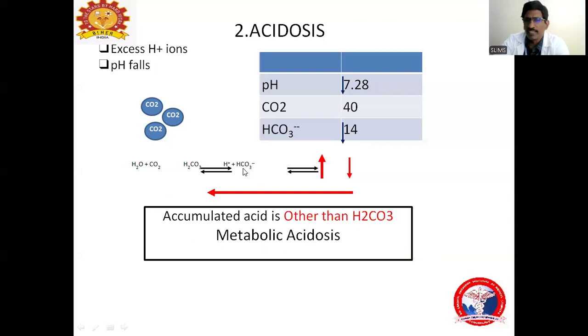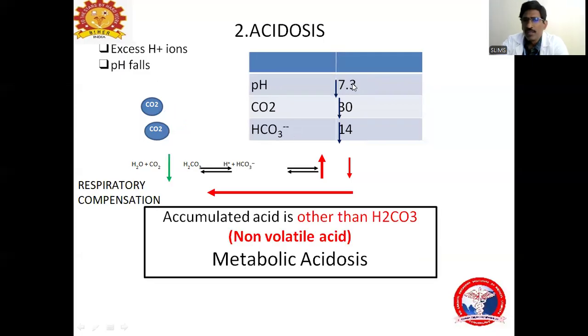So the excess hydrogen ion combines with the bicarbonate and reduces the bicarbonate level. So we have a low bicarbonate and a low pH. But the lungs try to compensate by removing part of the carbon dioxide. So when the carbon dioxide goes down, carbonic acid goes down, hydrogen ions also will go down.